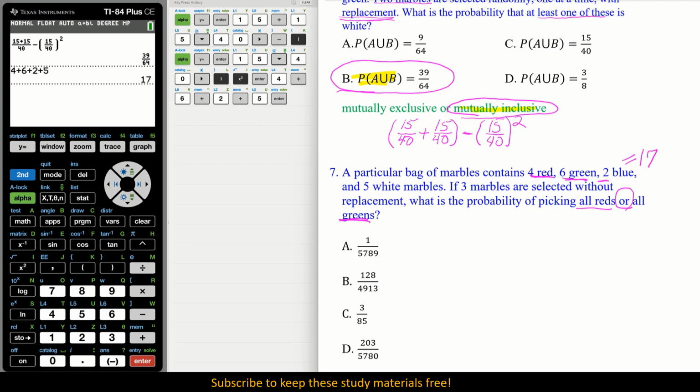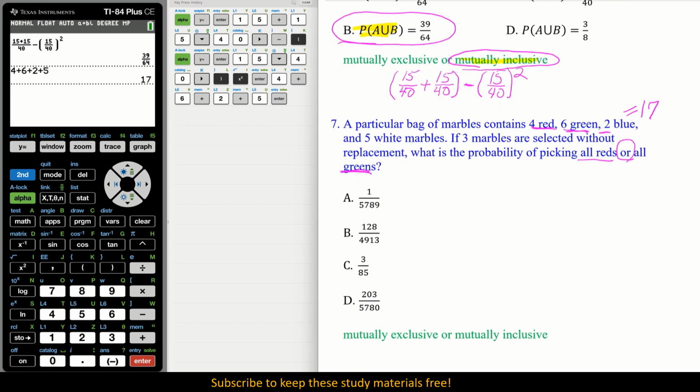Okay. So this is a different situation. We have 3 being drawn, and that is a collection of 3 drawings at different times. So it's all red or all green, and we're not replacing. This tells me that our denominator will change. And another thing, we need to decide if this is mutually inclusive or exclusive.